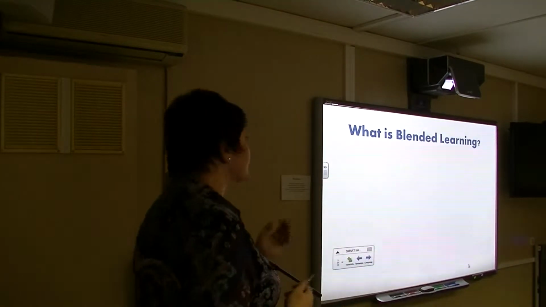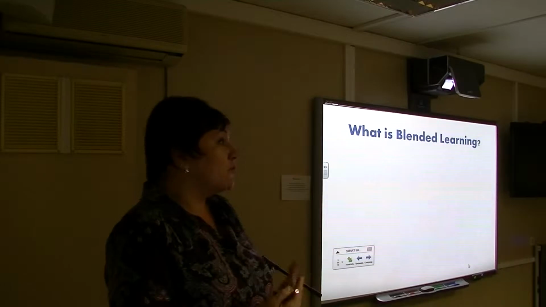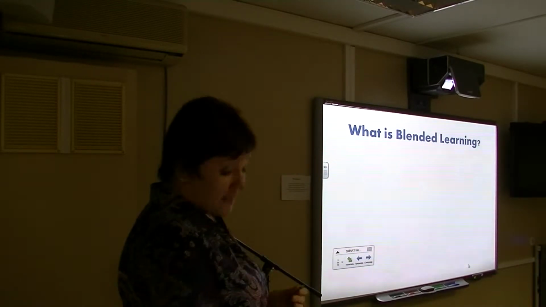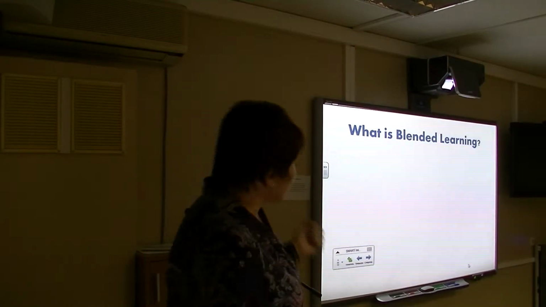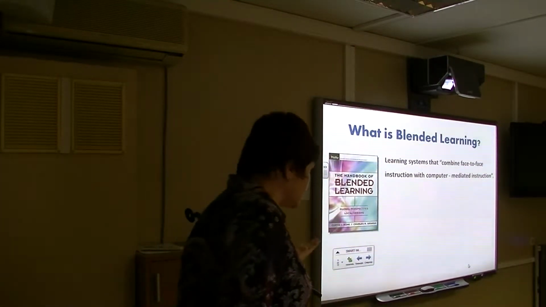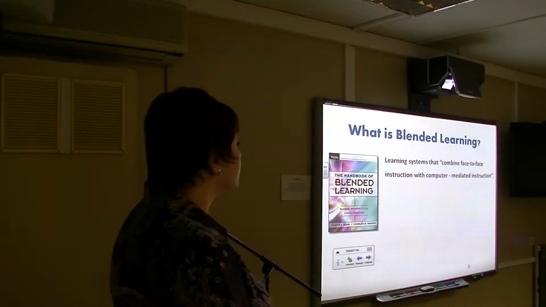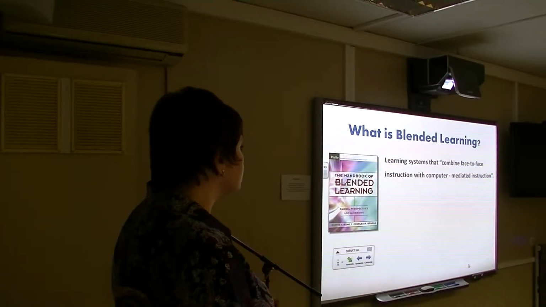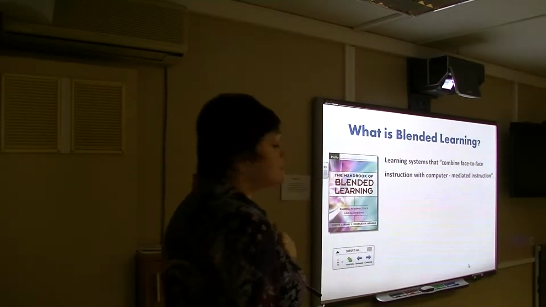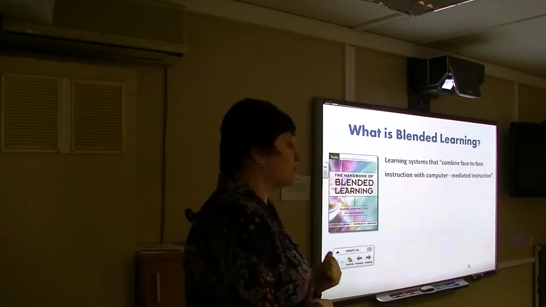So, what is blended learning? As the colleague has already mentioned, there's still no ultimate or ideal definition for this term. Now I suggest that we look at some definitions. This book, the Handbook of Blended Learning: Global Perspectives, Local Designs by Curtis Bonk and Charles Graham, is very often referred to in publications on the subject.